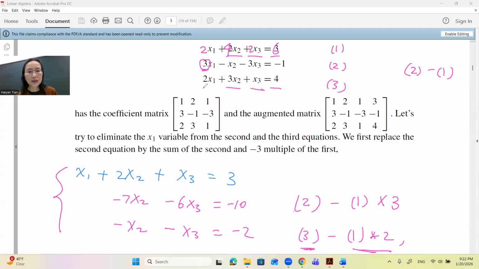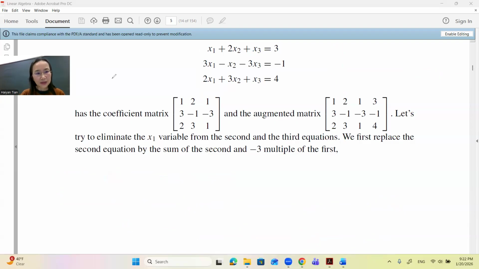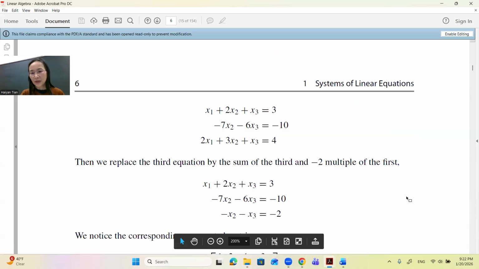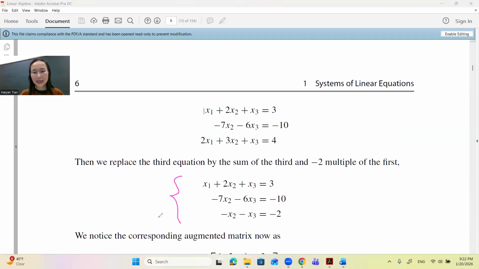What multiple depends on the variable coefficient of each equation. Okay, so now you got this experience, and let's see what we do now. You realize the equation now becomes a new form.